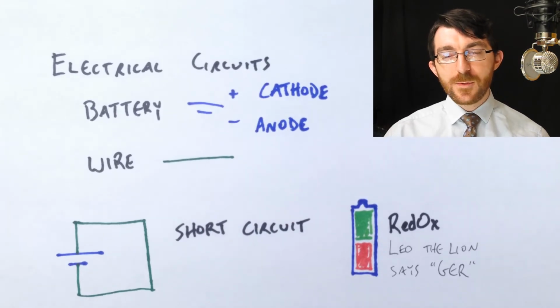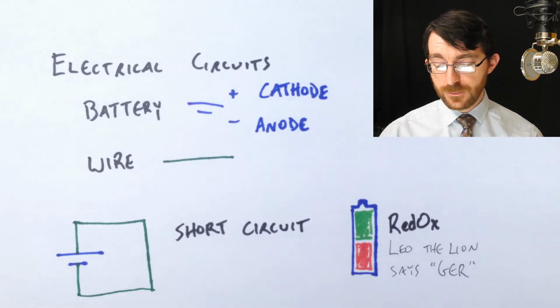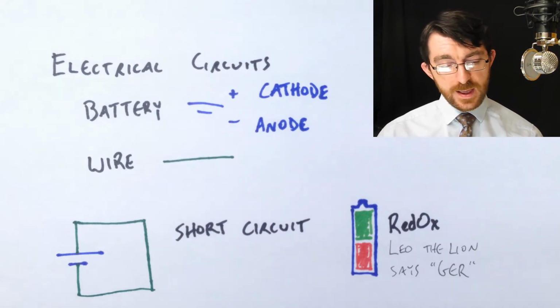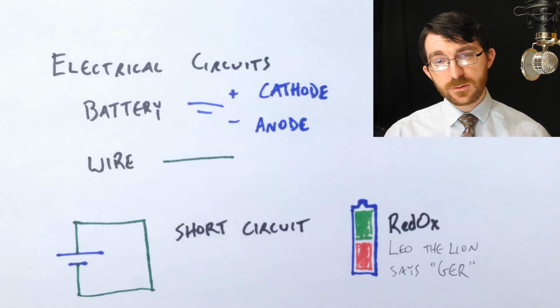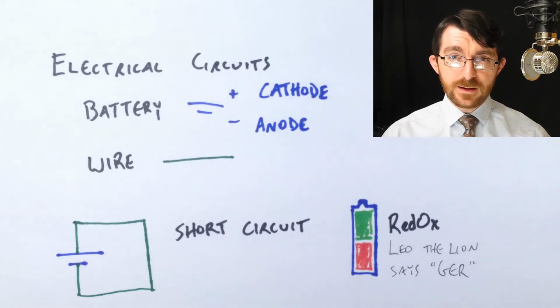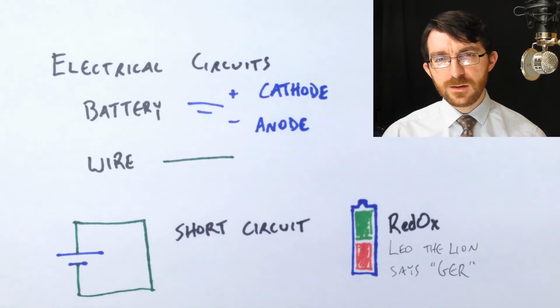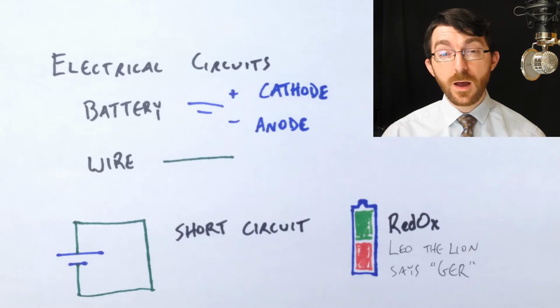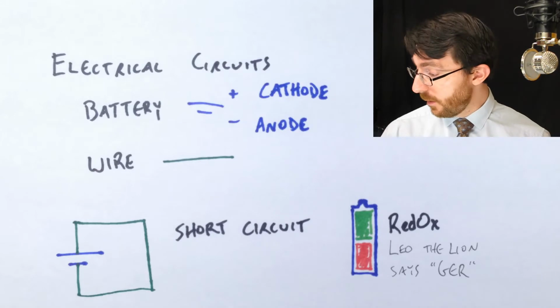There are certain chemical reactions that involve the gaining and losing of electrons. Well, clearly, if we have a negative side of the battery, that side is going to have excess electrons on it, and the positive side of the battery will have a scarcity of electrons on it. So this reaction can't continue because the electrons can't travel unless you give them a way to go. That's where the wire comes in.